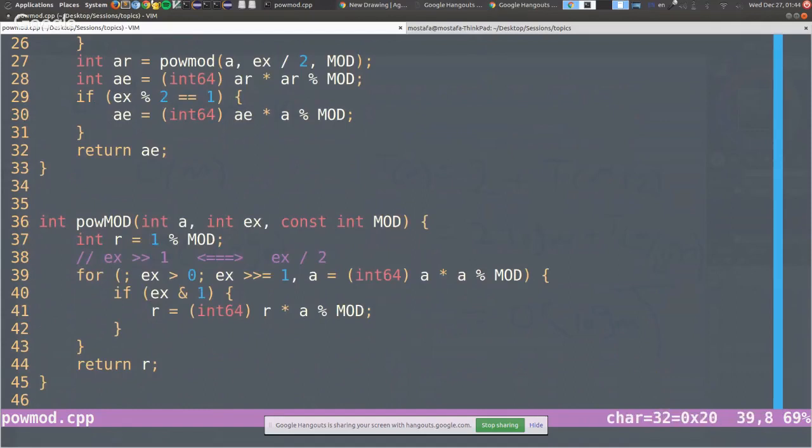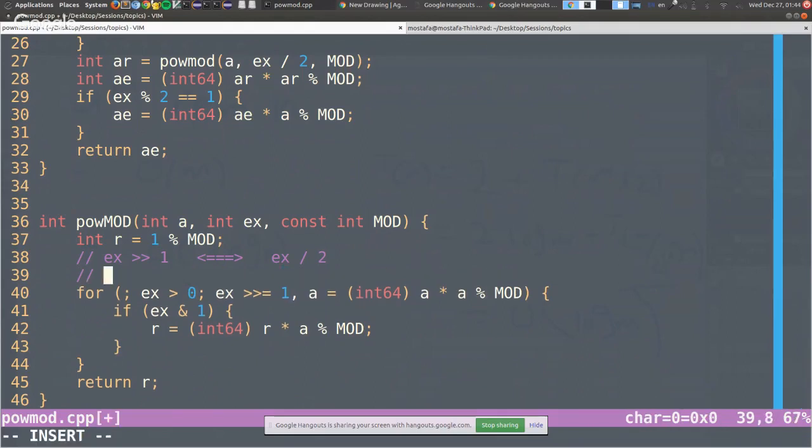So basically this loop goes over the number of bits that we have in the number, and it keeps squaring the a every time.